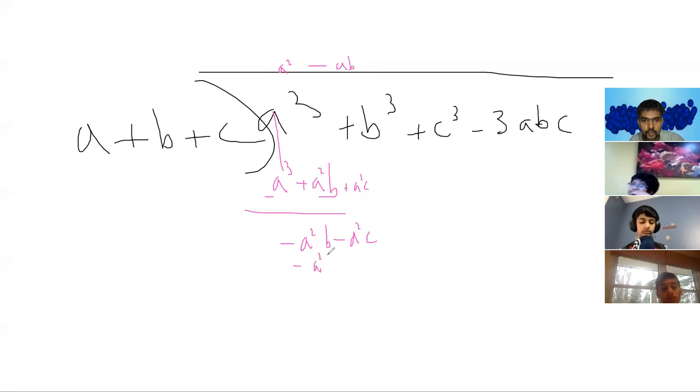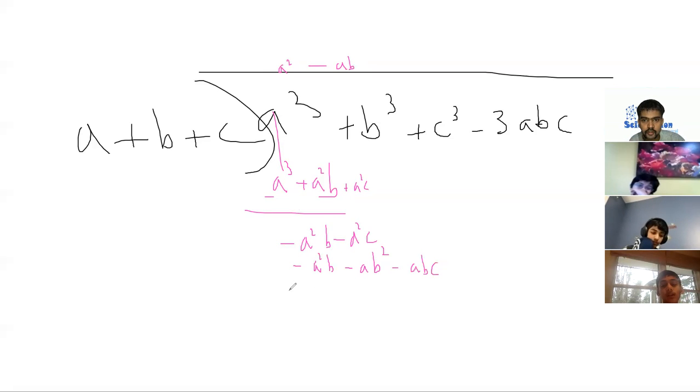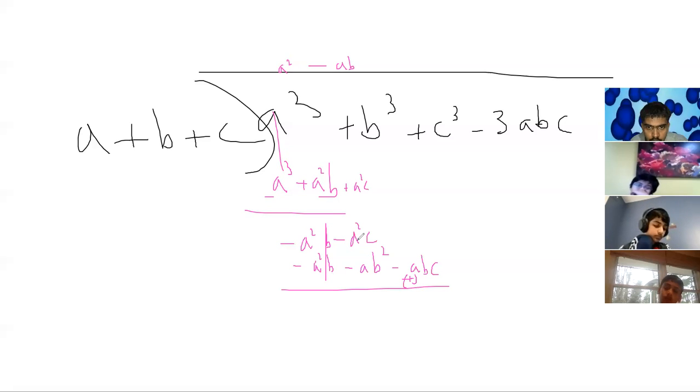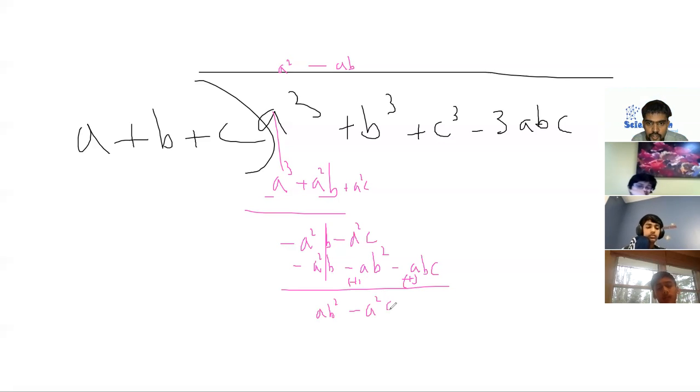So minus a square b, minus ab square, minus abc, that becomes a plus. This goes off. This becomes a plus. So you get ab square minus a square c plus b cube plus c cube minus 2abc. Does this make sense?